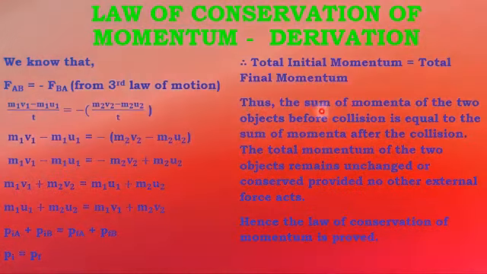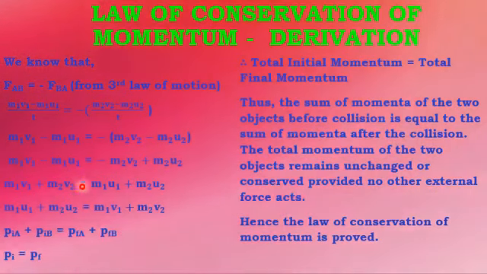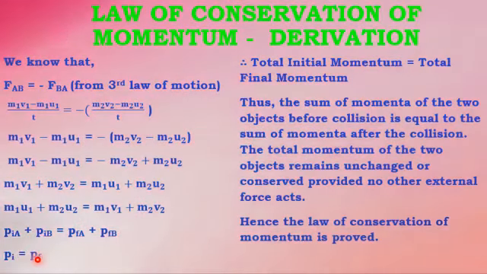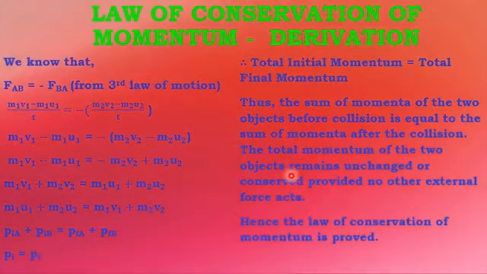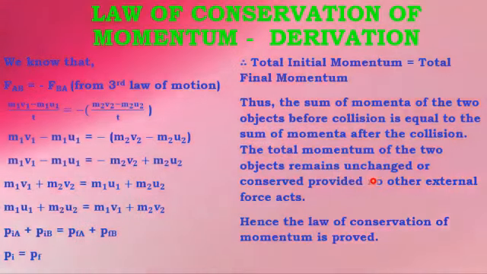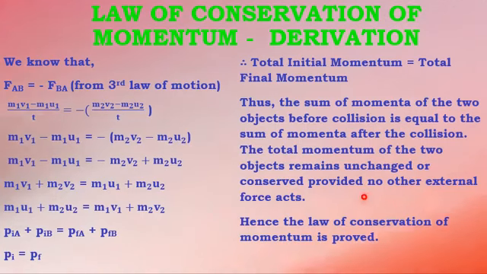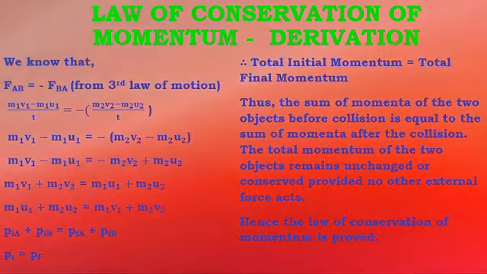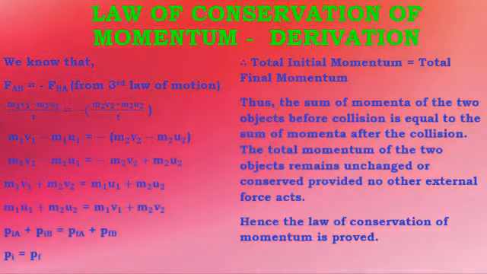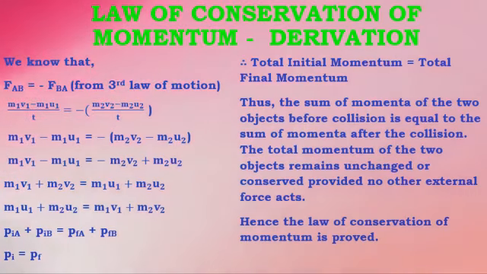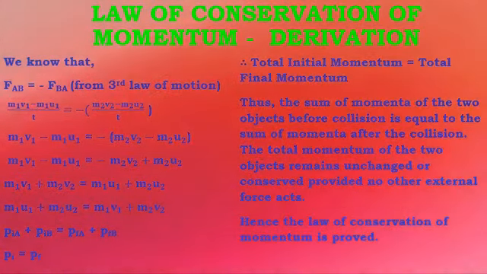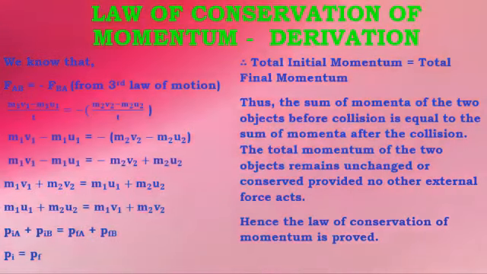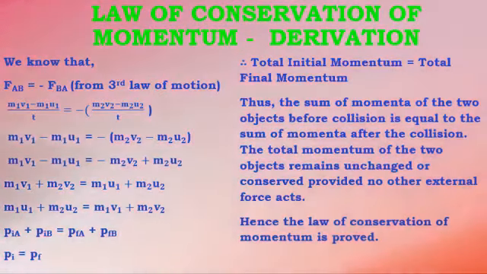Thus, the sum of the momenta of the two objects before and after collision are equal. That means the momentum of the two objects remains unchanged when there is no external force acting, only these two objects colliding. So the law of conservation of momentum is proved.